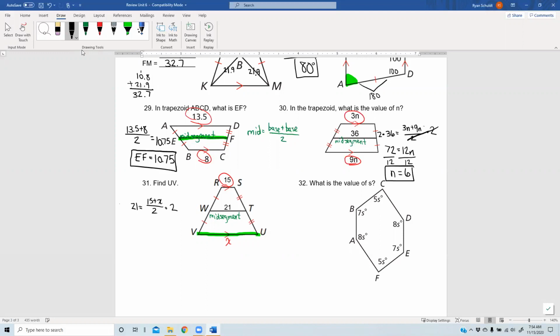Multiply both sides by 2 to get rid of this 2 down here. 2 times 21 is 42. Subtract 15. And we'll get 27. So that means that UV equals 27.